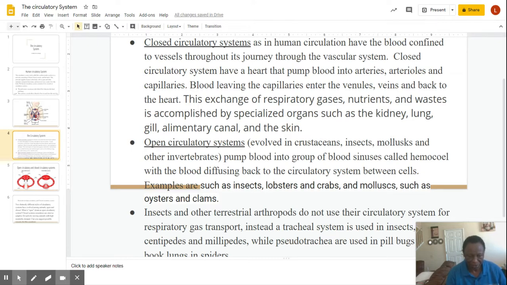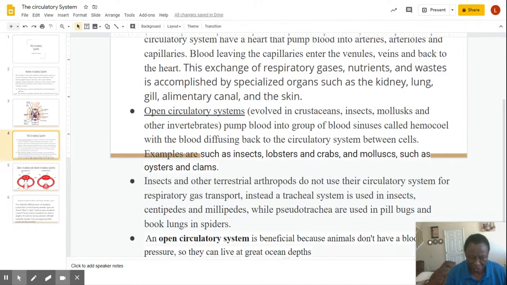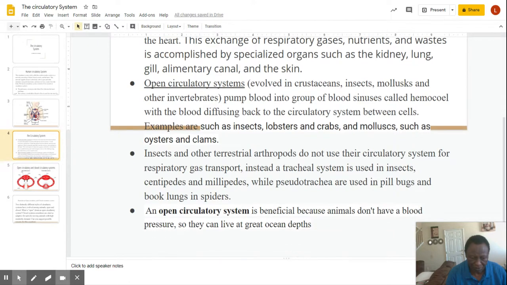Examples are found in insects, lobsters, crabs, mollusks, oysters, and clams. Insects and other arthropods do not use their circulatory system for respiratory gas transportation. Instead, a tracheal system is used in insects, centipedes, and millipedes, while pseudotracheas are used in bedbugs, booklice, and spiders.